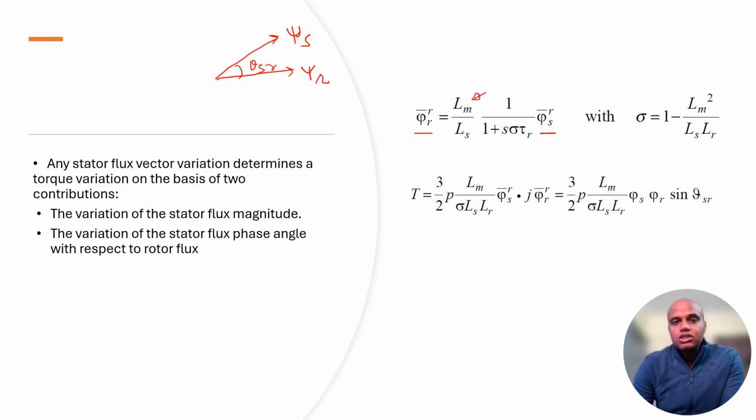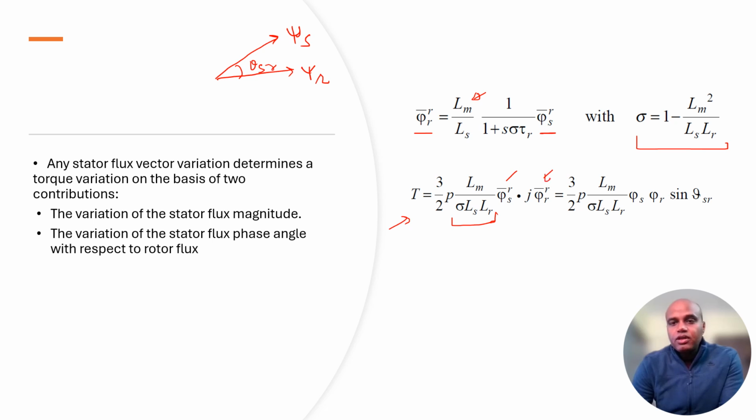This sigma is again a constant value, which is 1 minus Lm squared divided by Ls into Lr, whereas the torque developed is equal to 3 by 2 into P, the number of poles, and again this value becomes constant, into the stator flux vector dot product with the rotor flux vector.